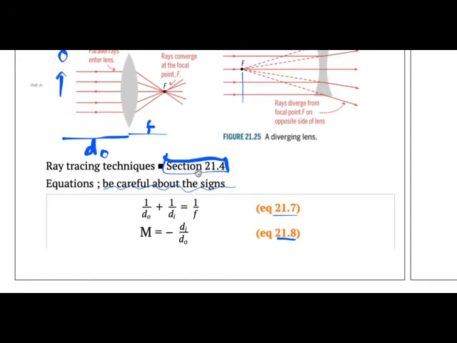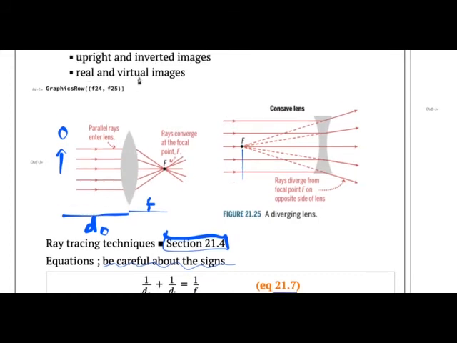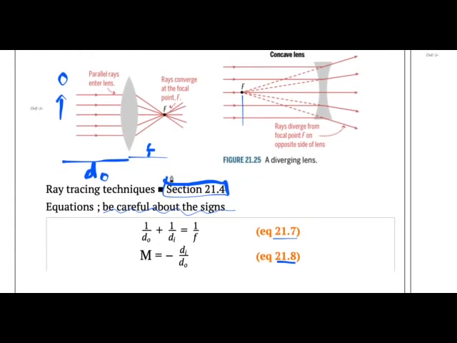But you'll have to go back and read section 4 carefully and make some notes. Take notes. When do you need a negative sign? When do you need a positive sign? Sometimes a distance might be negative. That might indicate either a real or a virtual image. A real image might be positive, a virtual image might be negative. So, as I say, there are many possibilities. And the only real way to grasp all this is to read section 4 and take notes.